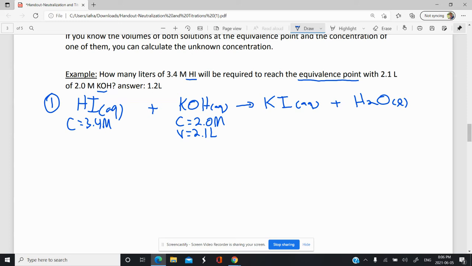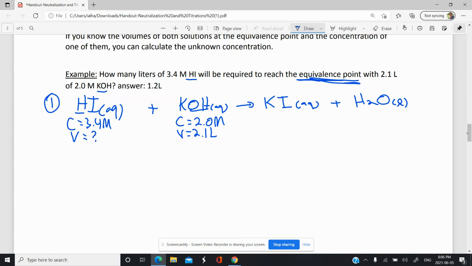We basically want to see if we did titrate, let's say, the KOH with HI, what volume of HI would be required? So we're trying to figure out the volume of HI required to react completely with KOH in this reaction here, because it says equivalence point, which is when the OH and the H plus have completely reacted with each other. So we're looking for the volume.